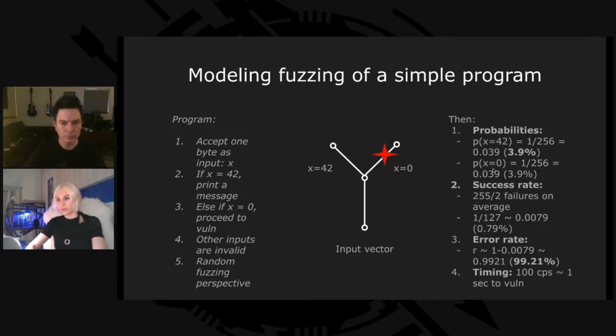The probability will be 0.039, which is around 3.9%. And the probability of this variable passing the second branch is also 0.039. So here we have equal probabilities. This is what happens in real life when we are fuzzing this simple program with some ideal random fuzzer.